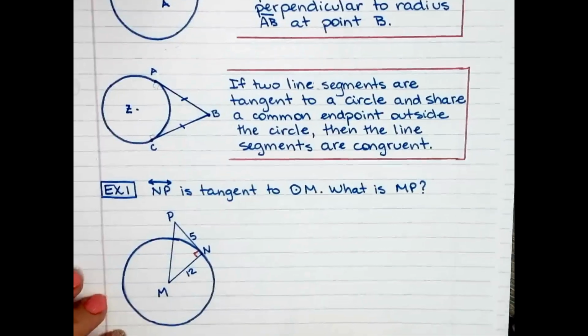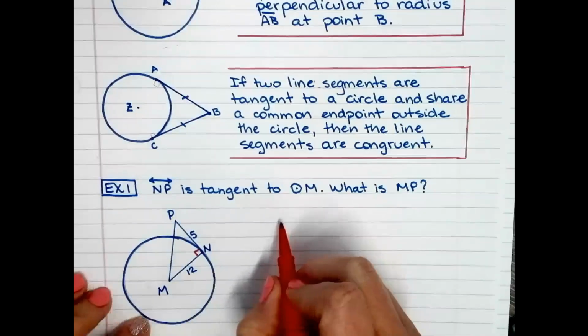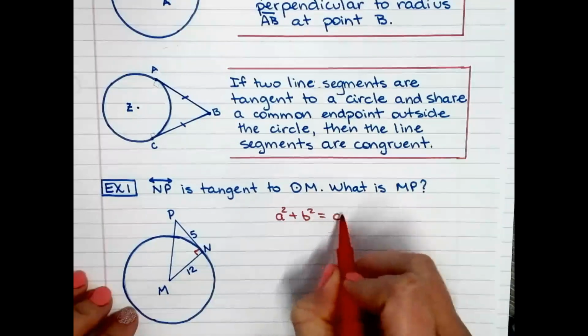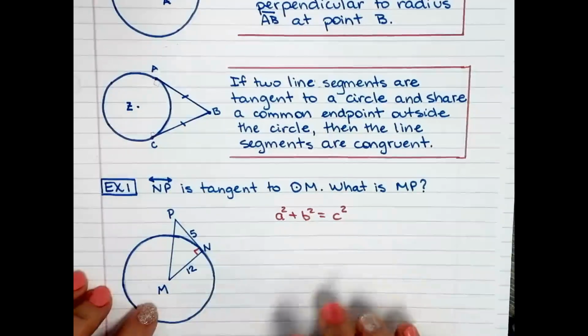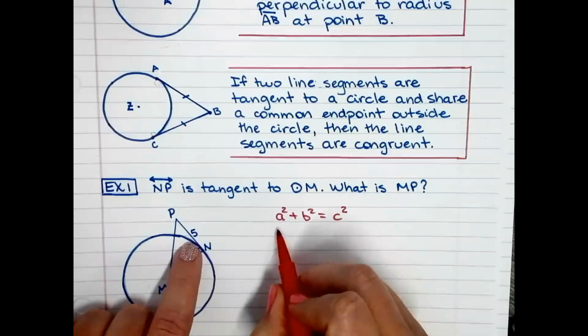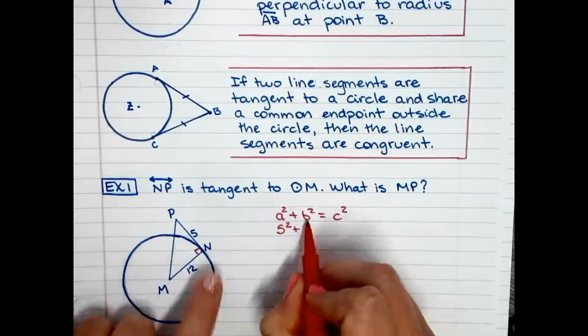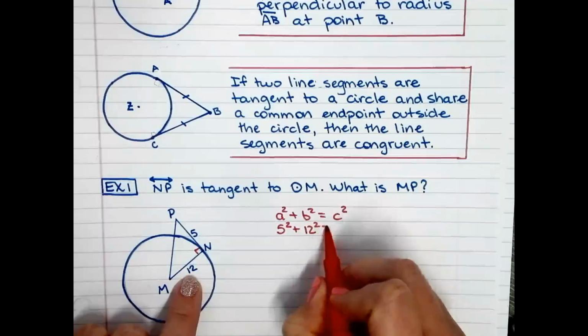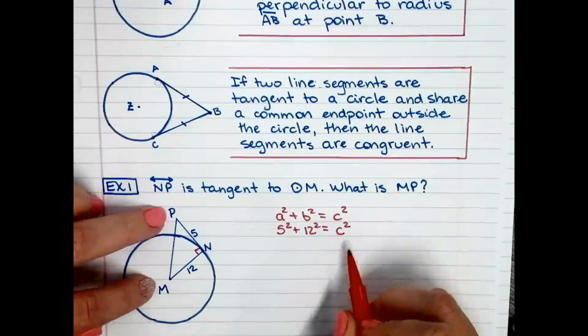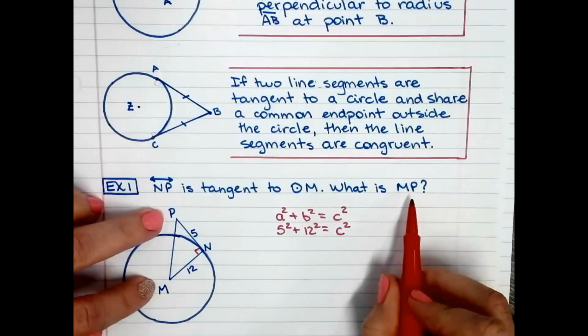Ta-da! Pythagorean theorem. I know a squared plus b squared is c squared, but which one is what? Let's say a squared is 5 squared, b squared is 12 squared, equals c squared. And c squared in this case is MP, and that's what we're looking for.